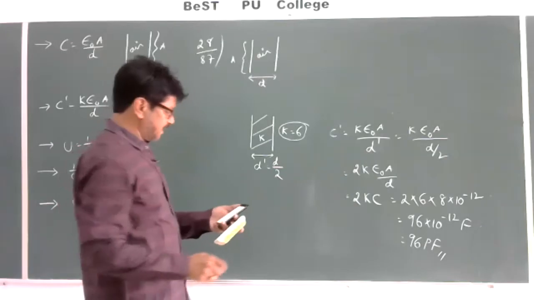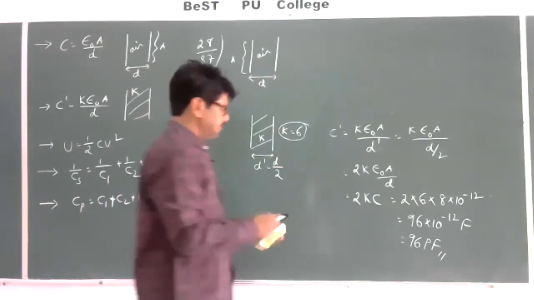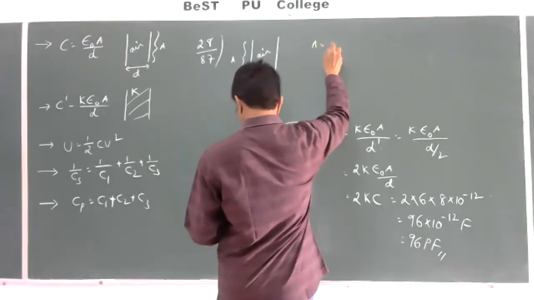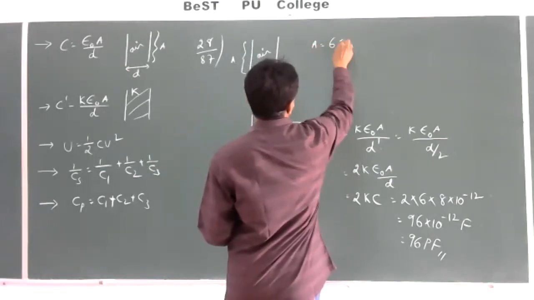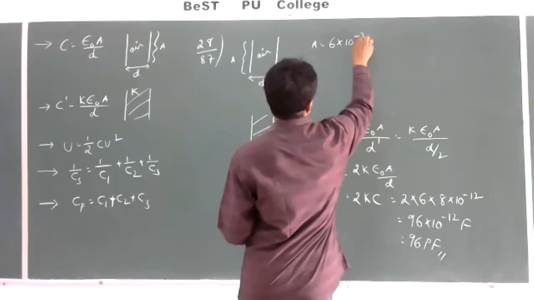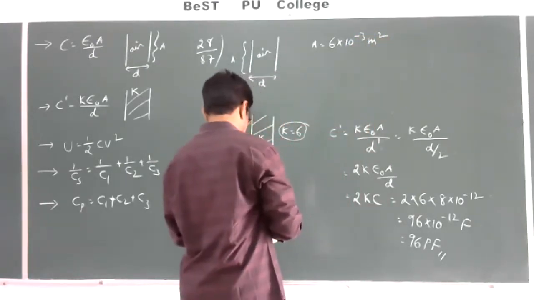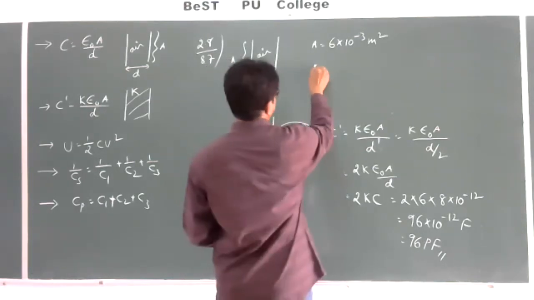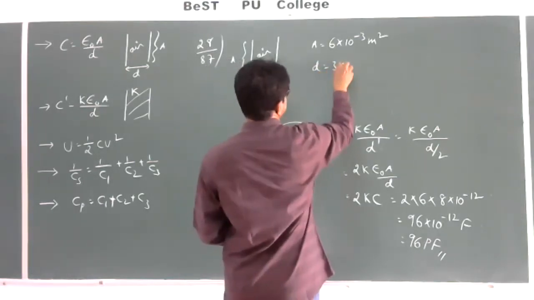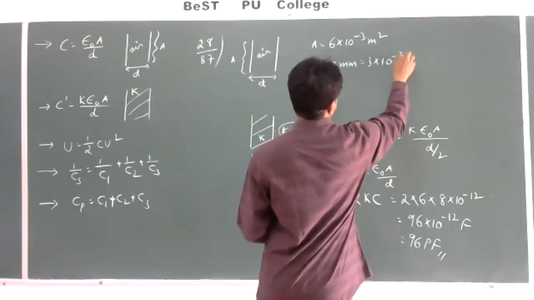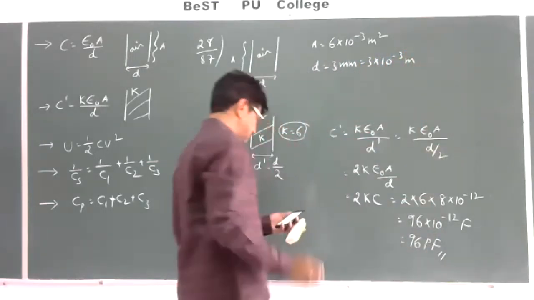Each plate has an area of 6 into 10 to the power of minus 3 meters square, and the distance between the two plates is 3 millimeter, which is 3 into 10 to the power of minus 3 meter.